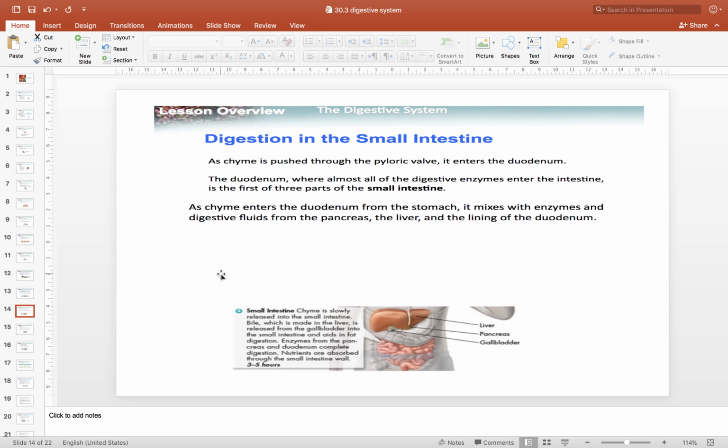So the digestion will continue on into the small intestine. And here in the duodenum, enzymes will be mixed in, coming from the pancreas and liver, and it will continue the process of digestion, because in the stomach itself, these enzymes would not work in the hydrochloric acid, so they needed to be re-added.